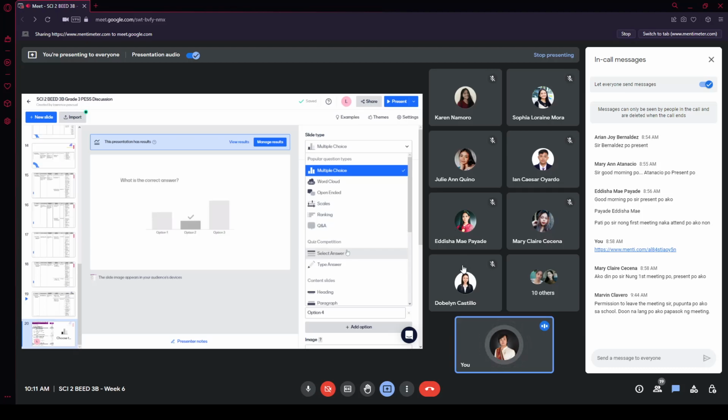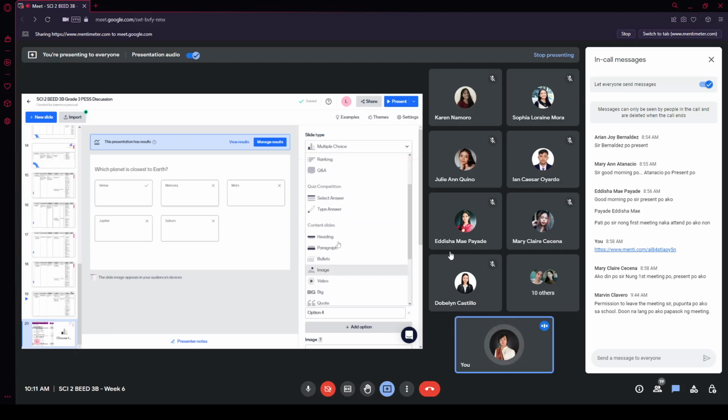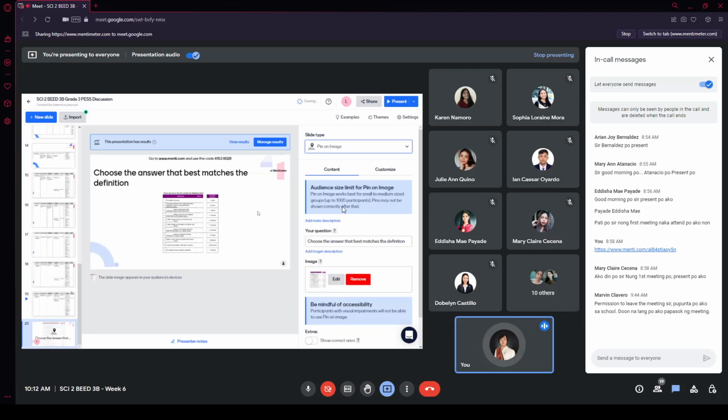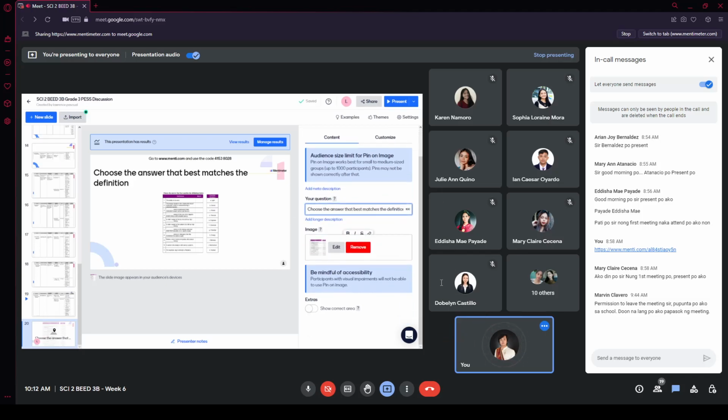Ranking, Q&A, select answer, type answer, 2x2 grid, who will win? Okay, let's try pinning an image instead. Okay, this does not translate properly, right? Best matching definition, because this is matching type.